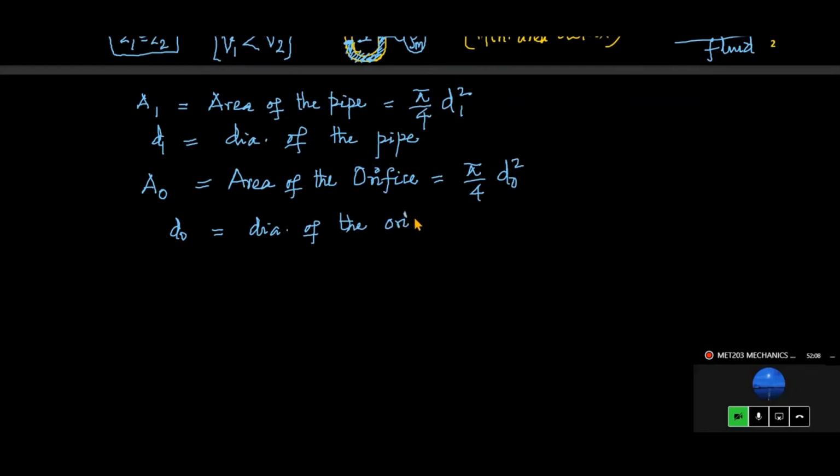When you calculate all these, make sure the diameter of the pipe is in meters and area is in meter square. Be very careful about the unit systems. As much as possible, we'll solve in SI units.